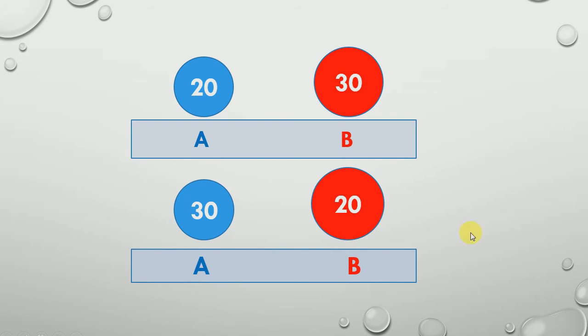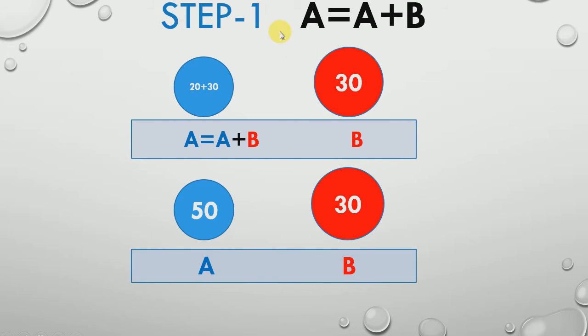So coming to the first step of swapping, first step is a is equal to a plus b, means we will update the value of a as a plus b. Initially a was 20 and b was 30, so now a will be 20 plus 30, which will be 50. In this step value of b will be unchanged.